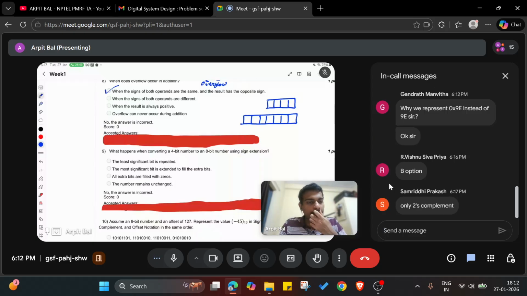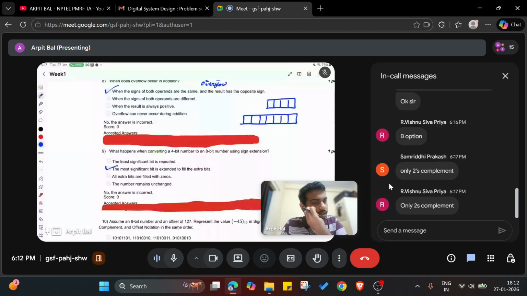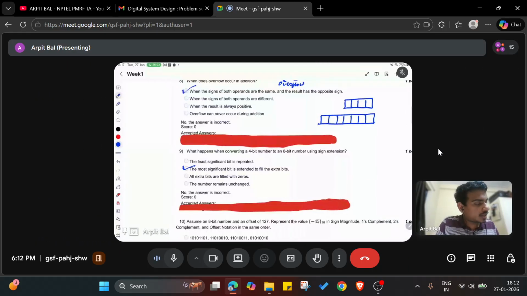Yeah, correct. So this is only applicable for the 2's complement representation. The most significant bit is extended to fill the extra bits. So option B is correct. Suppose I have a number, let's say 1001. This is a 4-bit number and I want to make it an 8-bit number.